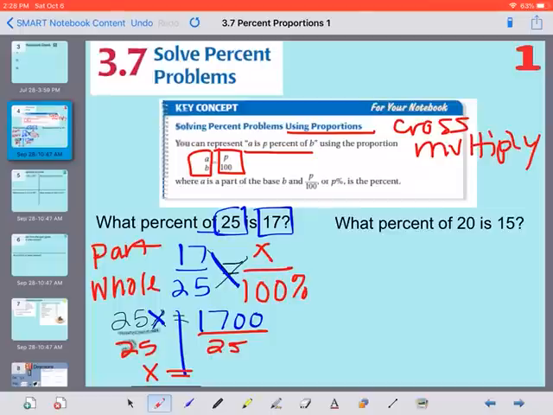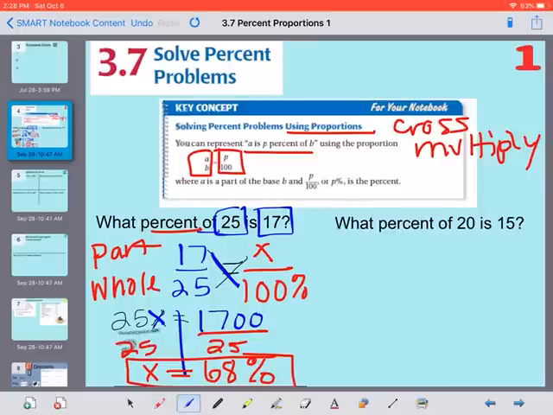Now we have to do 1,700 divided by 25. 1,700 divided by 25 gives me 68. So 17 is 68% of 25. It's a little bit over half, which makes sense. So remember, we were looking for a percent as our answer. It is 68% of 25.